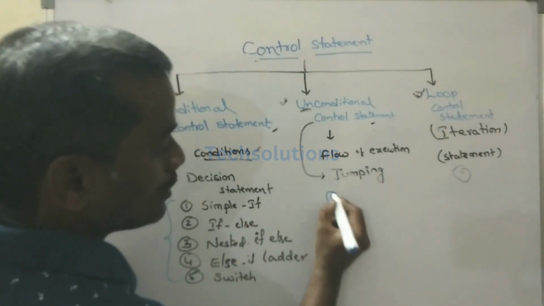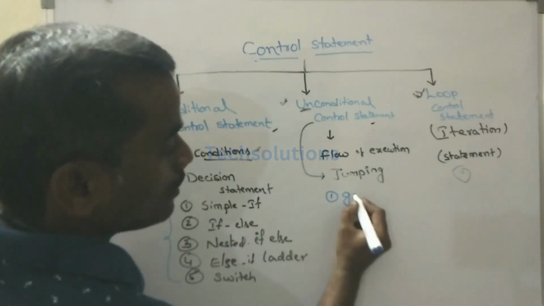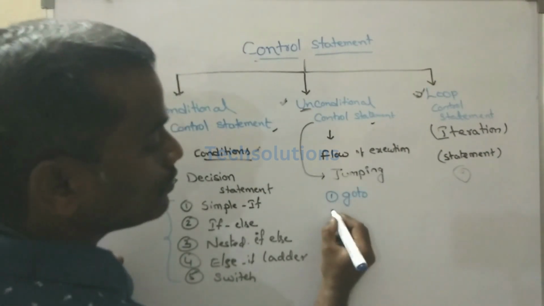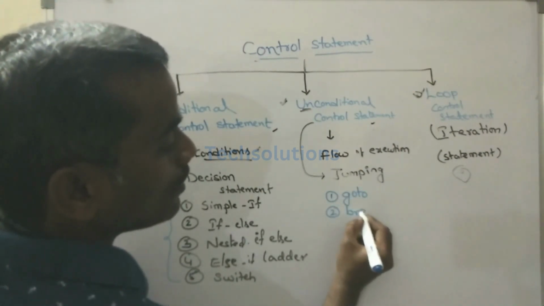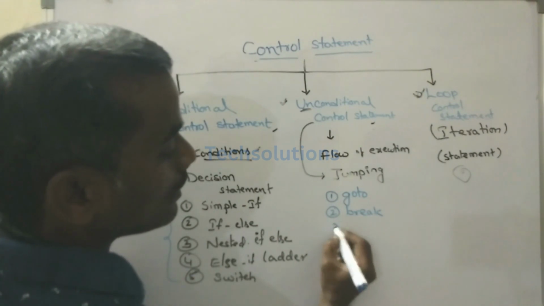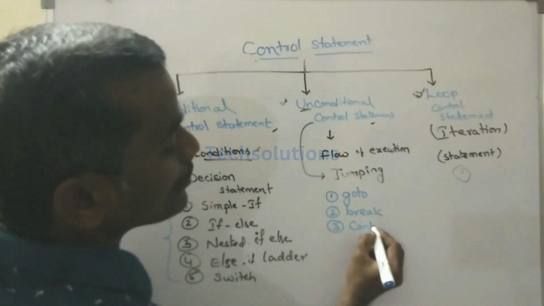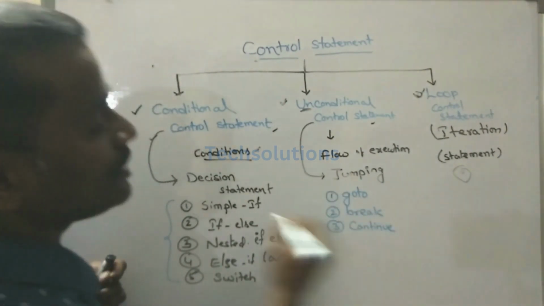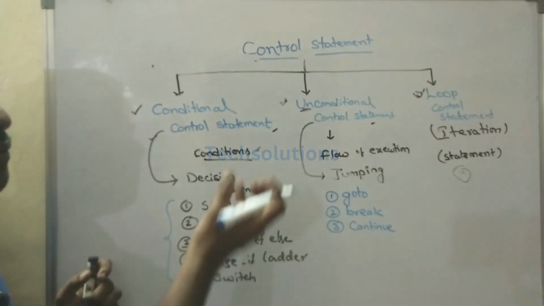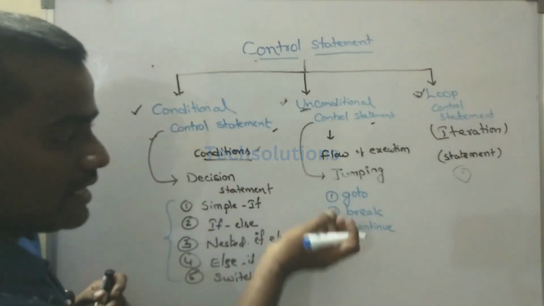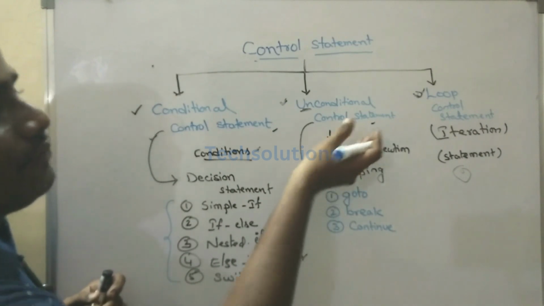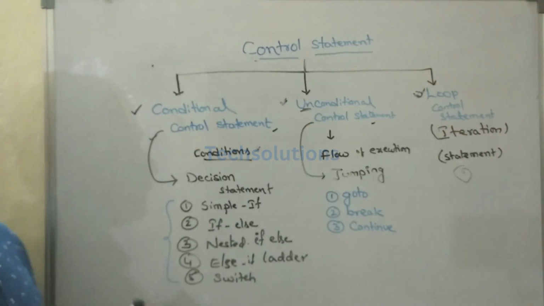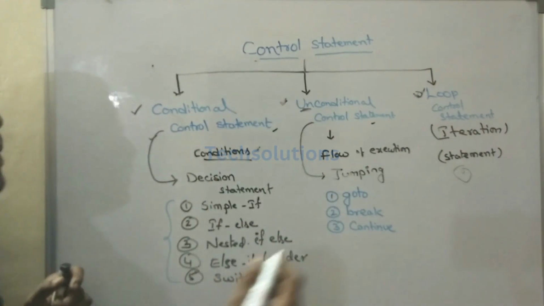The unconditional control statements are goto, break and continue. These three are unconditional, meaning without checking any conditions they control the flow of execution of a particular program. And what are the looping statements?